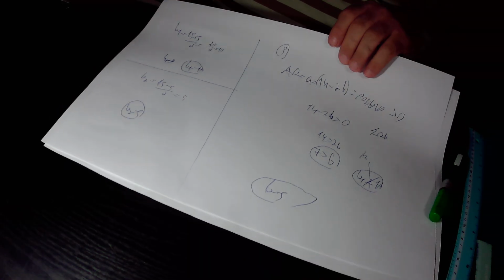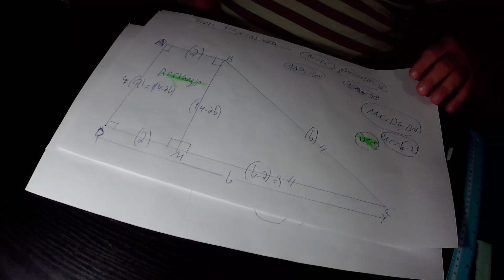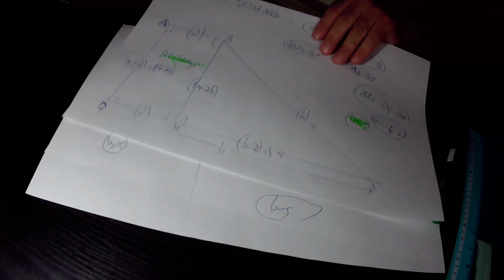Okay. And we know that AD is one side of trapezoid ABCD, therefore it is a length, and as a length it must be a positive number.